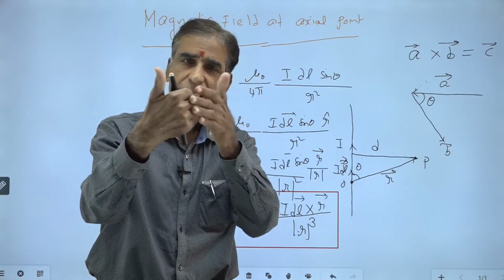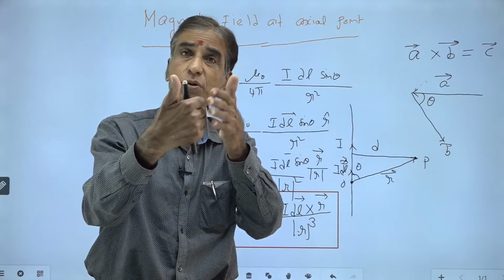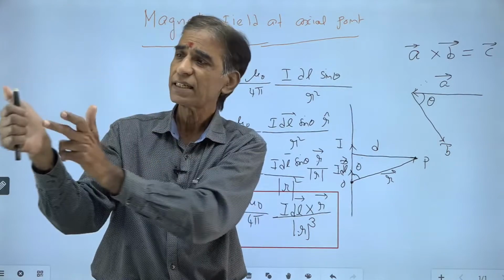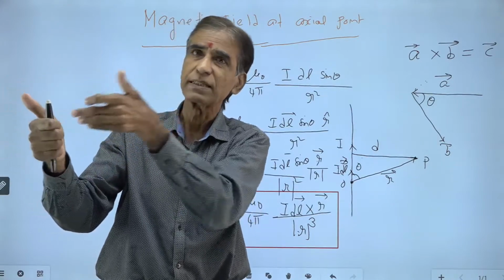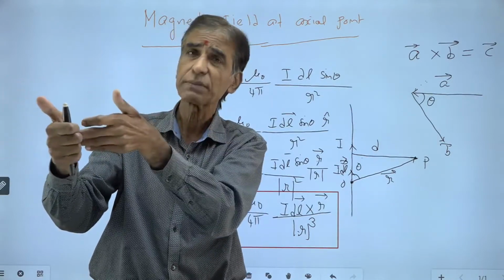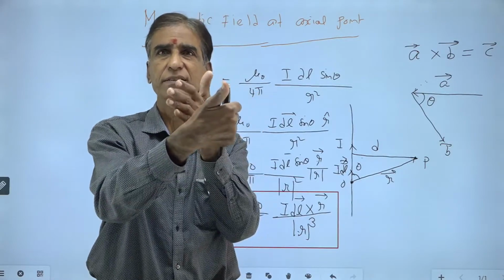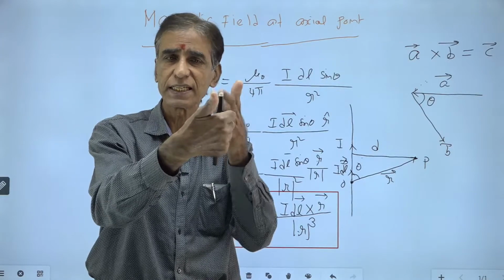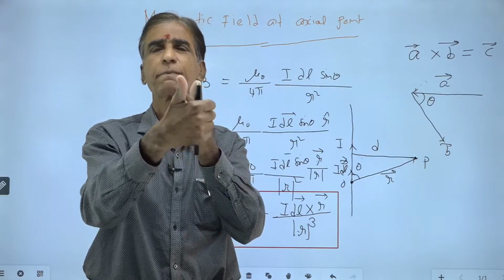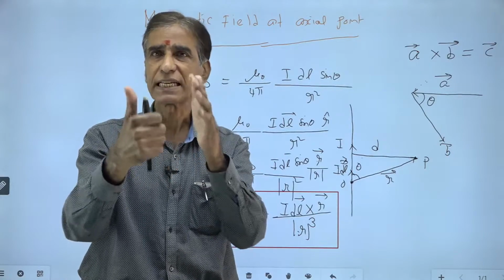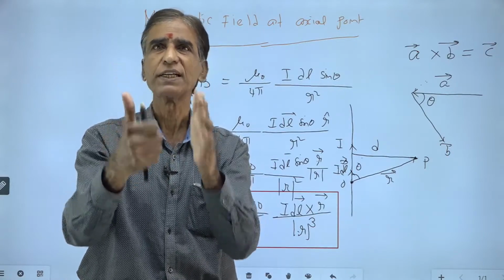That is, here the field is coming out of the plane, out of the paper. And on this side, fingers are going into the plane, that means they are going away from us. That is, the field is into the plane of the paper. That is the easiest way to find the direction of the magnetic field induced.